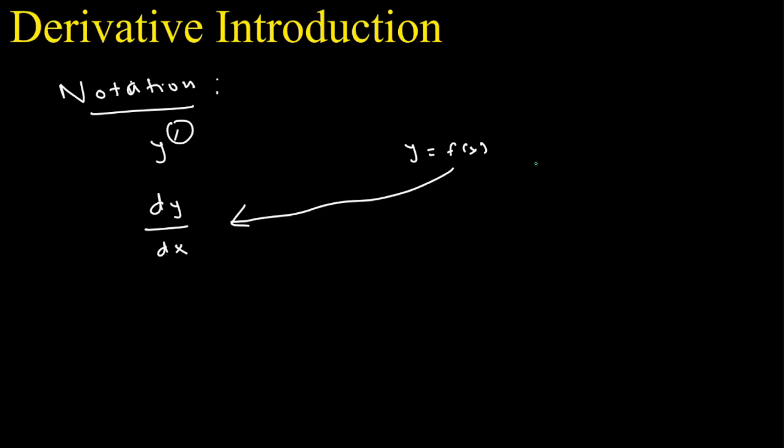You can also write d over dx of f of x. If there's a function f of x and you want to find its derivative, you can represent it like this. And that's basically all the different notations you'll see to represent a derivative. Yeah, and that's basically it.